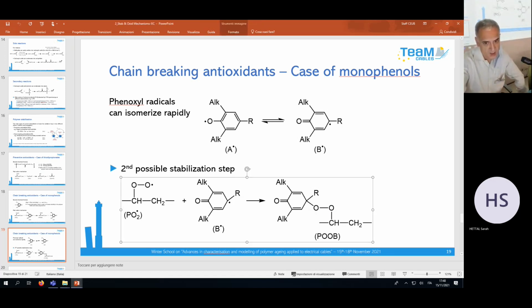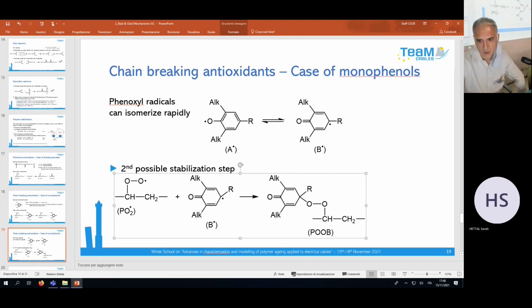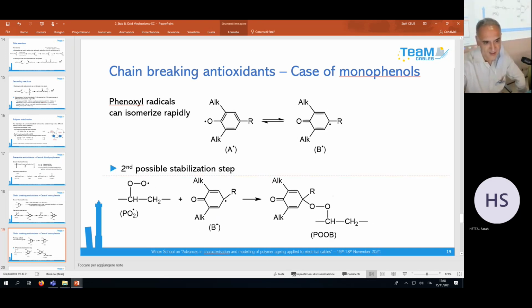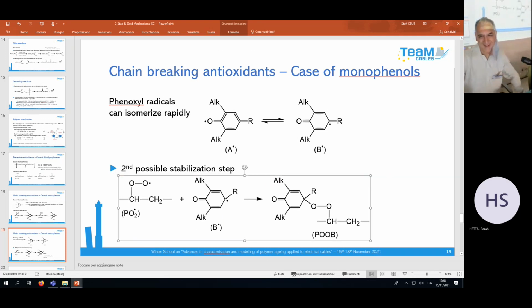In fact, in order to simulate well the induction period in stabilized polymer, for phenol, indirect phenol, we observe that it is necessary to take into account the second step.